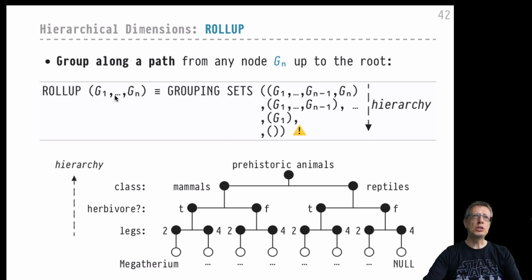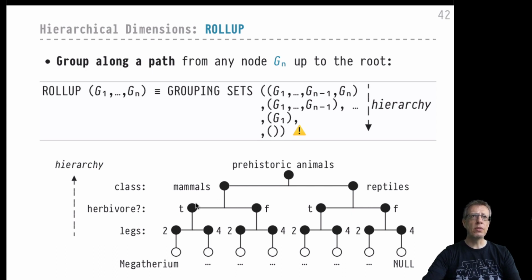If G2 and G3 would be herbivore and legs, this would further descend down the hierarchy into classification that will become finer and finer. The granularity will become smaller and smaller. So adding G2 herbivore here would be the next grouping set that would be considered.